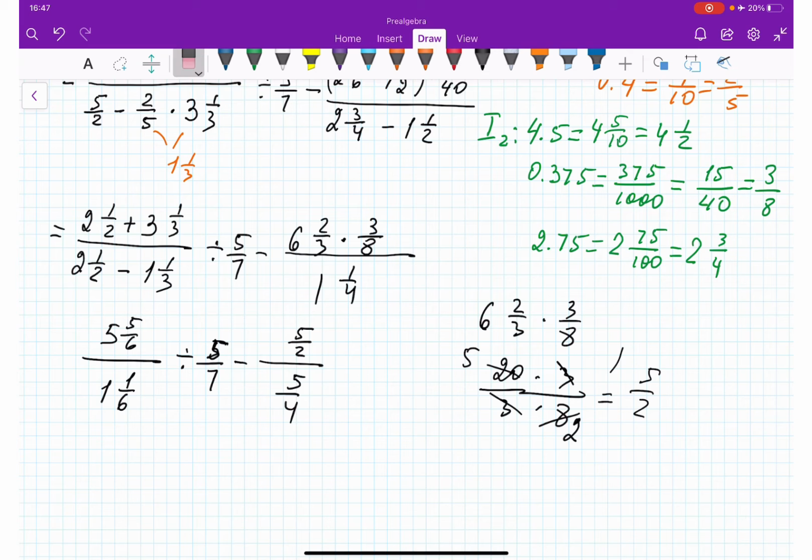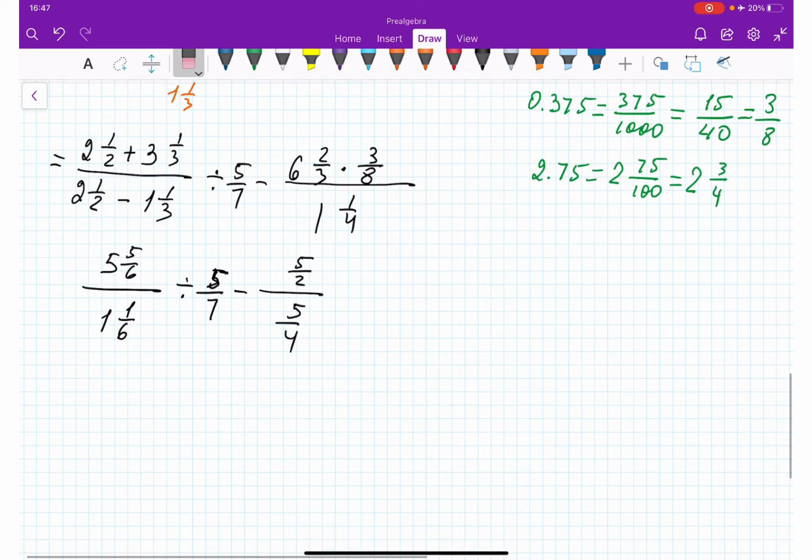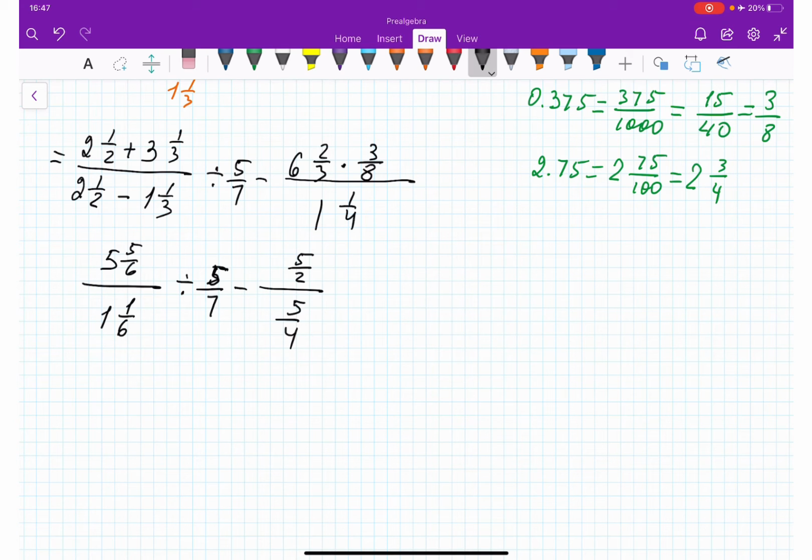All right, let me clean this drafting to keep it clean. So from here we need to divide first 5 and 5 over 6 divided by 1 and 1/6.